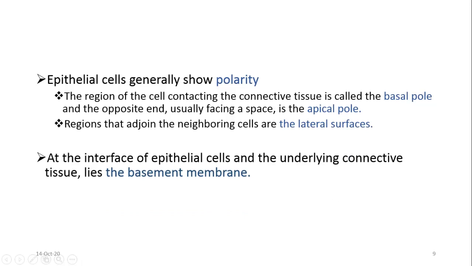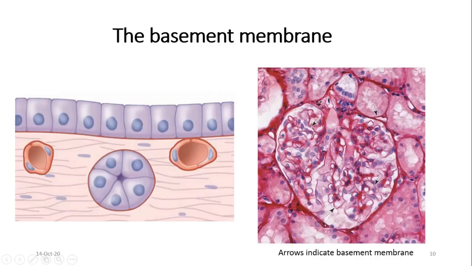At the interface of the epithelial cells and the underlying connective tissue lies the basement membrane. What is the basement membrane? As we see in these cuboidal cells, at the interface between the epithelial cells and the underlying connective tissue, we find this fine red line. This is the basement membrane, and also here and here.